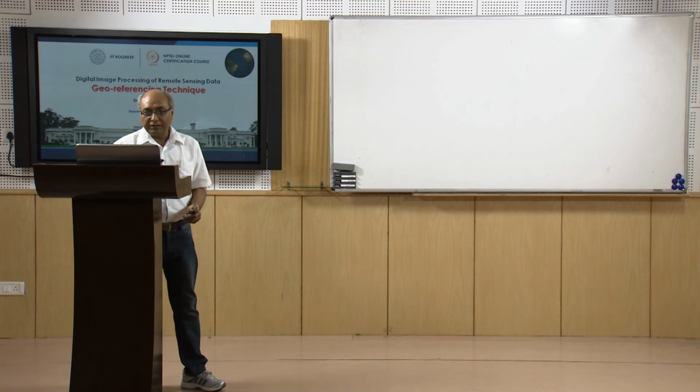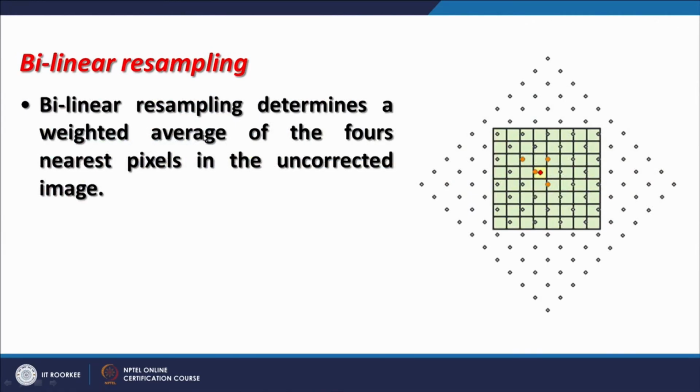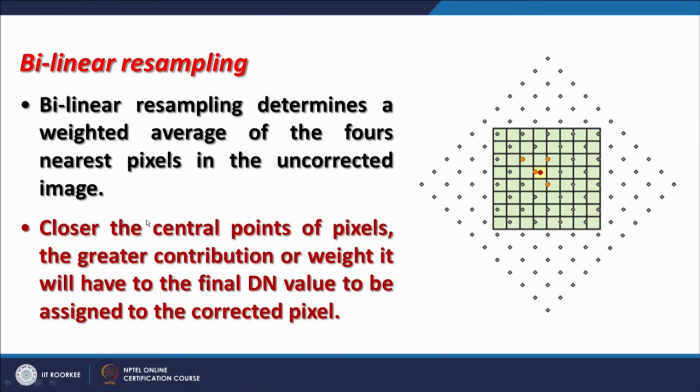In case of bilinear, now 4 pixels are involved. Bilinear resampling determines a weighted average of the 4 nearest pixels in the uncorrected image, and the closer the center point of the pixel, the greater contribution or weight it will have to the final DN pixel value to be assigned to the corrected image.